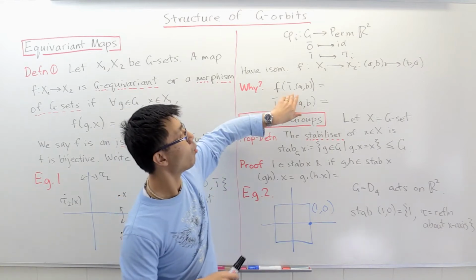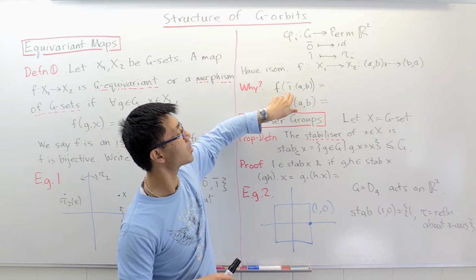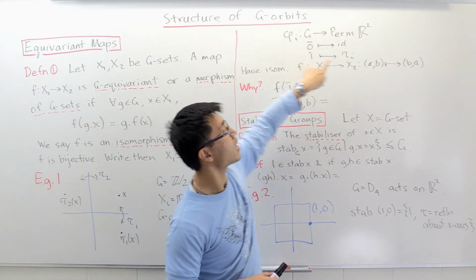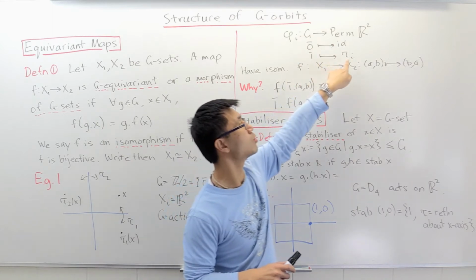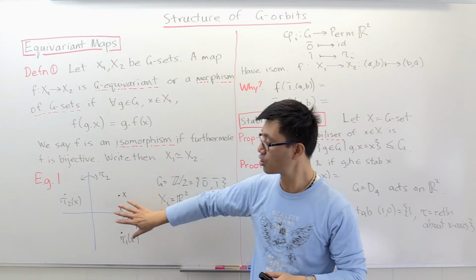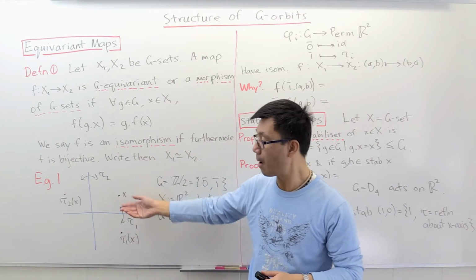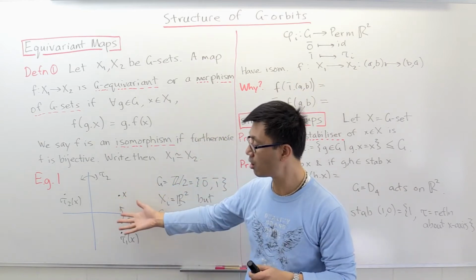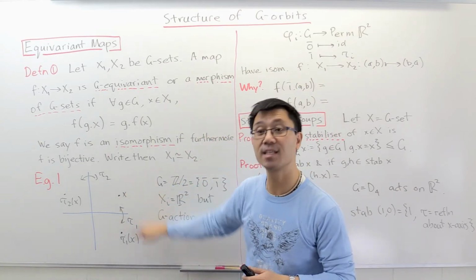So let's have a look at those two results and see whether they are indeed the same. Here, 1 bar acting on (a, b). What's the action here? You use this permutation representation: 1 bar gets mapped to tau 1. Tau 1 is this reflection here. So use this reflection to map this pair (a, b) to its reflection, which you get by negating the second coordinate.